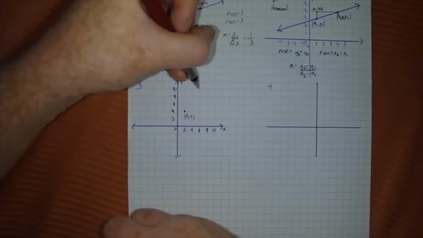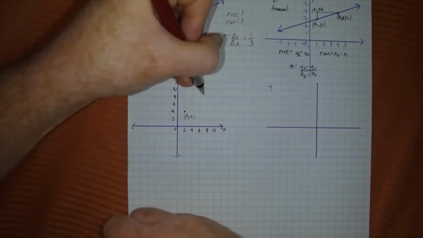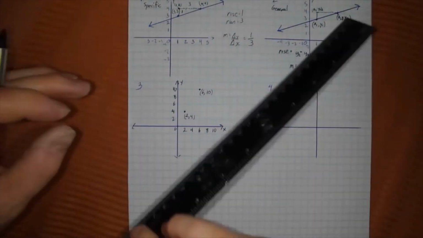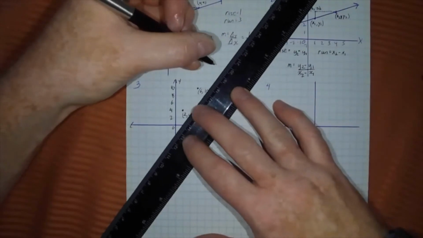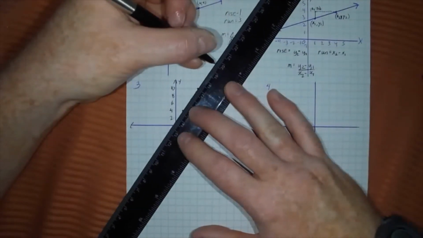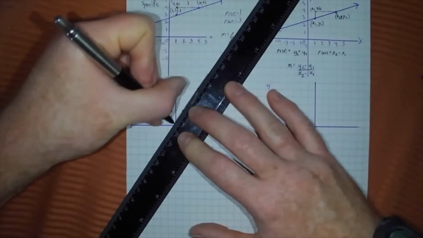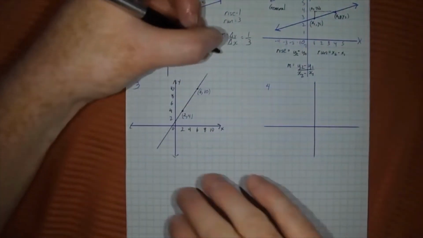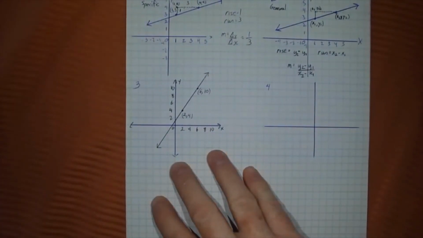Okay, let's say my next point is all the way over here at 6, 10. Gorgeous line. Look at that straight line. And that's what we want, a straight line. The rate of change of a line.